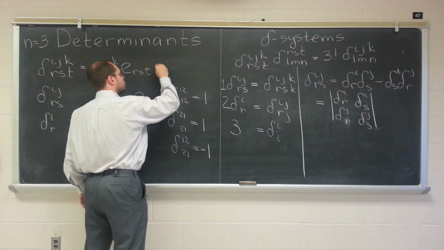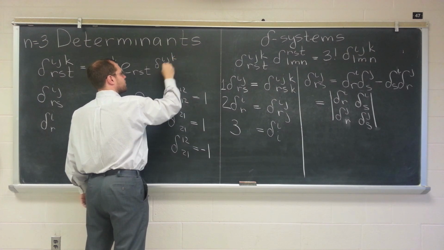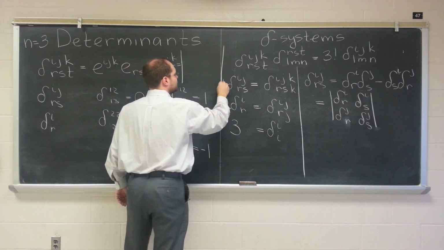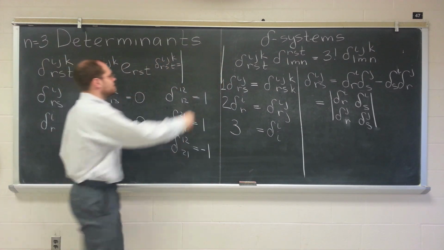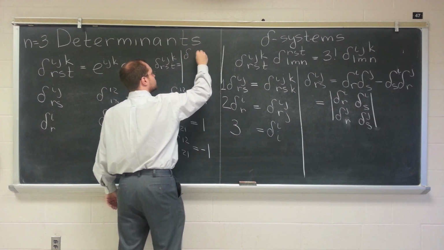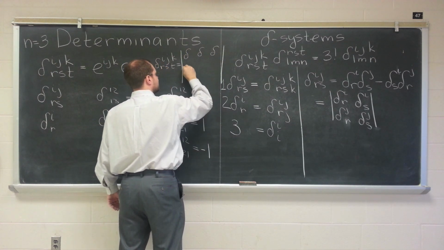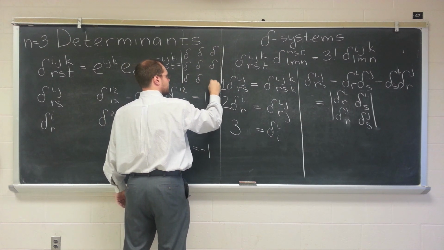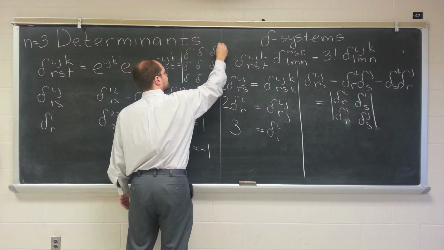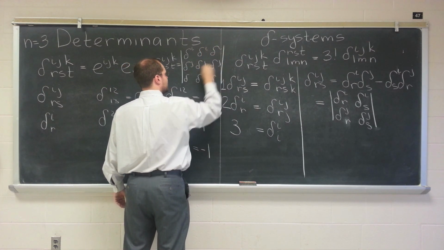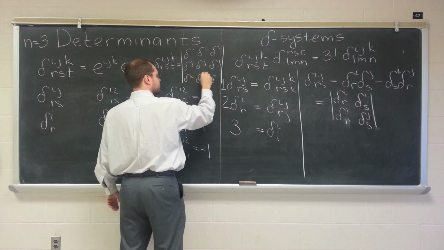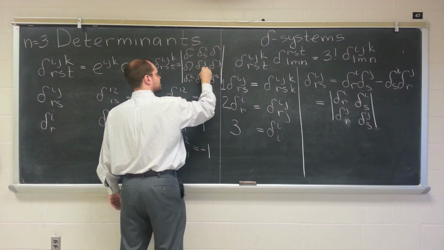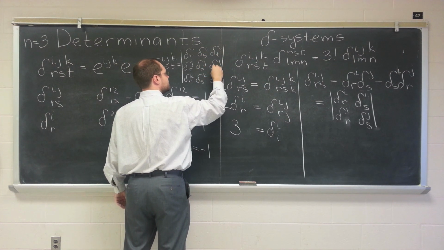It's also not so useful for everyday use, but it just shows that it's possible to express the full delta system in terms of the individual Kronecker symbols. So I will once again fill this 3×3 determinant with Kronecker deltas. And all of these get an I, all of these get a J, all of these get a K, and all of these get an R, all of these get an S, and all of these get a T.